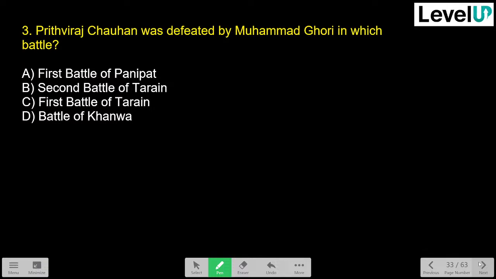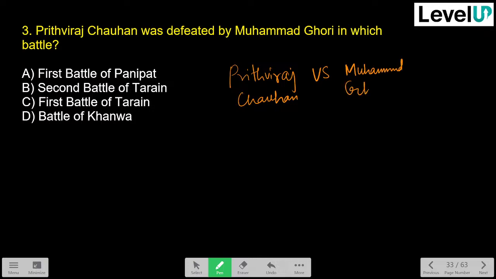Next. Prithviraj Chauhan was defeated by Muhammad Ghori in which battle? Prithviraj Chauhan versus Muhammad Ghori. He was from Afghanistan, an Afghan ruler.